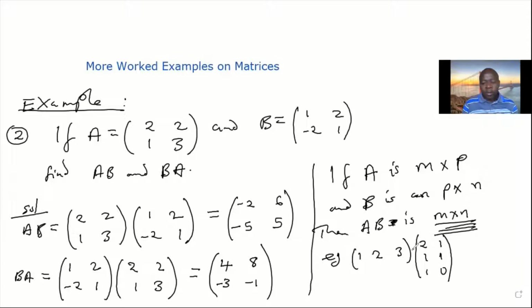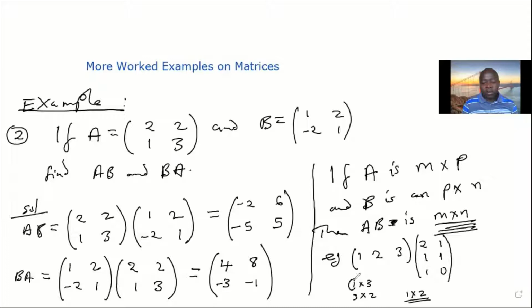What is the order of this? 1 by 3. And the order of this is 3 by 2. So the rows are 3 and the columns are 2. So I expect that this product should be of order 1 by 2.